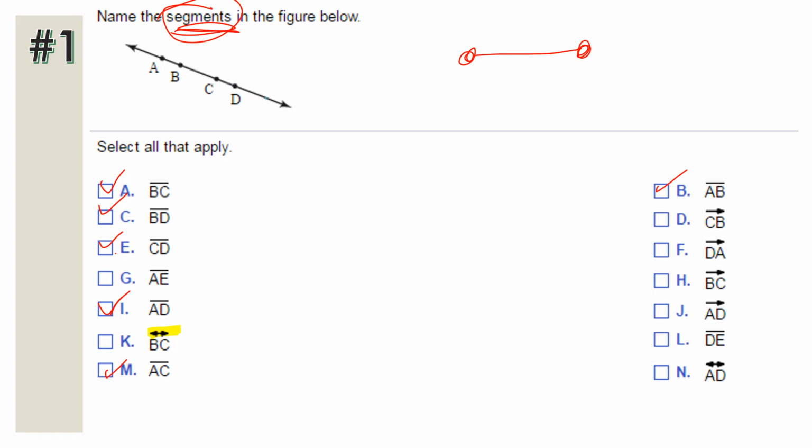Ray CB, no, it's not a segment. Ray DA, ray BC, ray AD, those three would not work because we are talking about segments, not rays. Option L would not work because we don't have the point E on our line, and line AD would also not work.